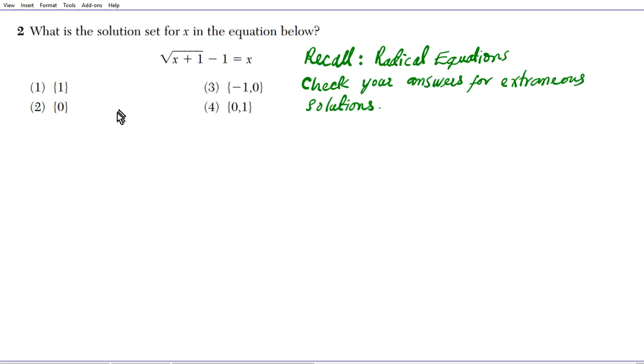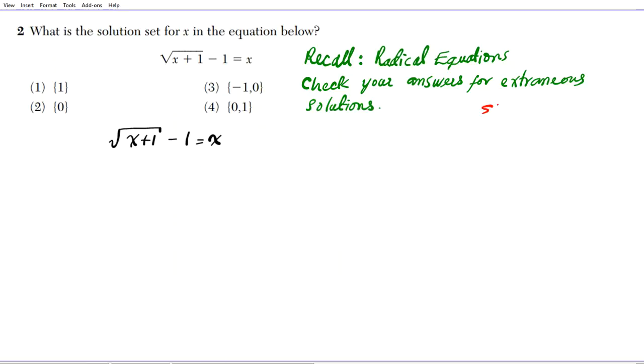Okay, all right, let's go ahead and solve this equation. So we have the square root of x plus 1 minus 1 equals x. The steps we're going to execute here are as follows. We're going to first isolate the radical, then eliminate it by squaring both sides, and then solve the resulting equation.